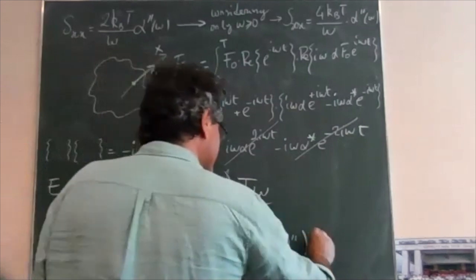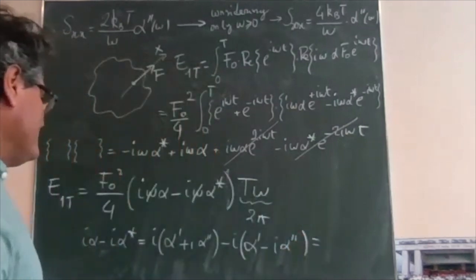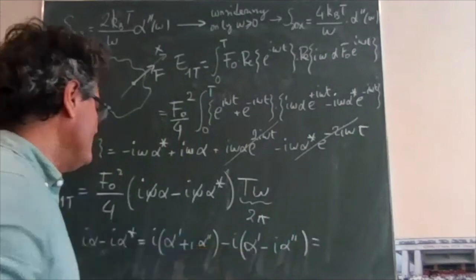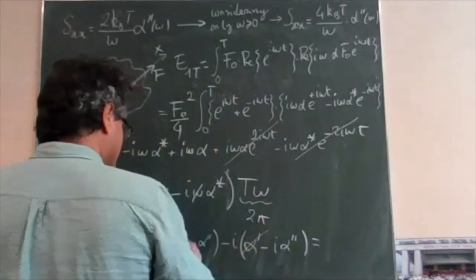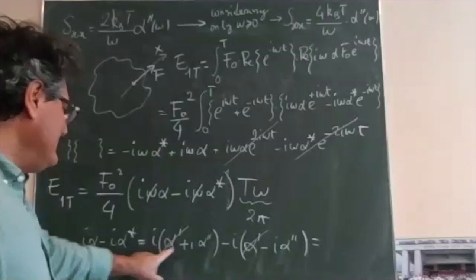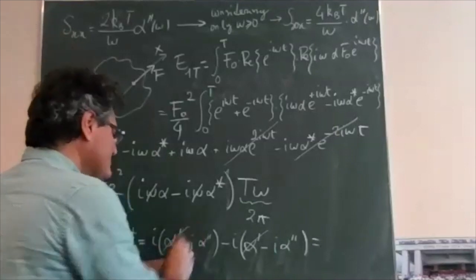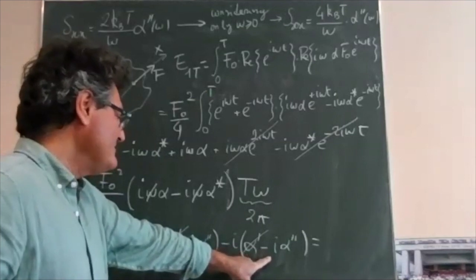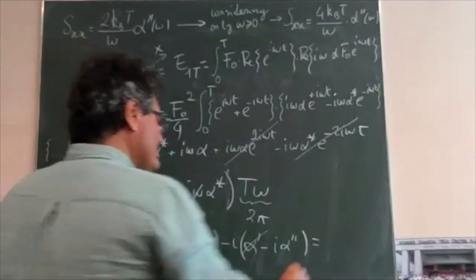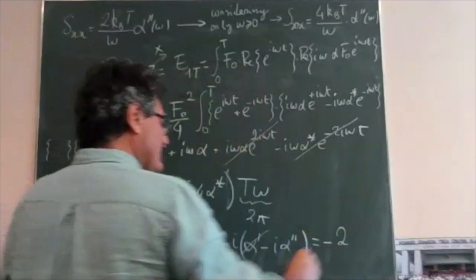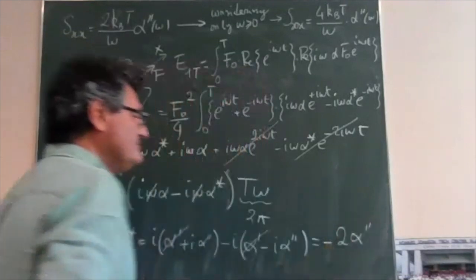This part and this part go away. Then I have i times i is minus 1, this becomes plus minus 1. So this is minus 2 alpha second.